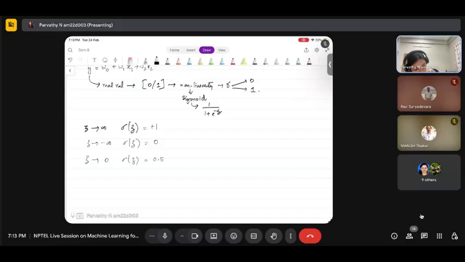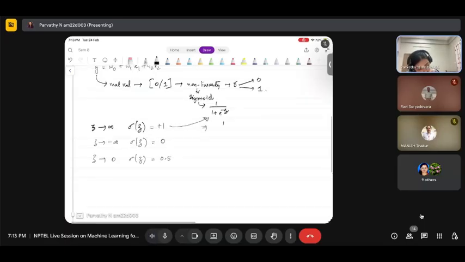You can get this by substituting these values here. When z is equal to infinity, you get 1 by 1 plus e raised to minus infinity. E raised to minus infinity is 0, so it is 1 by 1 plus 0, which is 1.